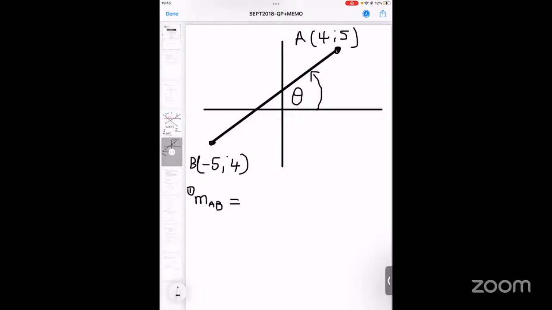What is that gradient? The second question: the gradient of line CD. I will draw line CD just now, and line CD, I will say, is that one. As soon as you get that answer, just comment in the comment section, and you'll say M of AB, you tell me what the answer is.